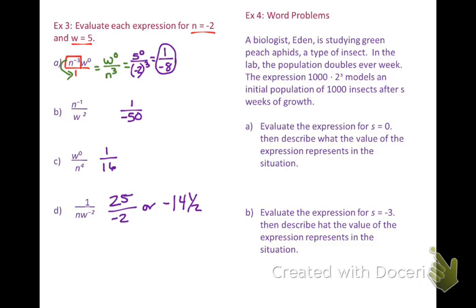Evaluate the expression for s equals 0. So, they want to know how many animals you have that first week that you have received the aphids. So, you would do 1,000 times 2 to the 0 power. That's the initial week that you have.